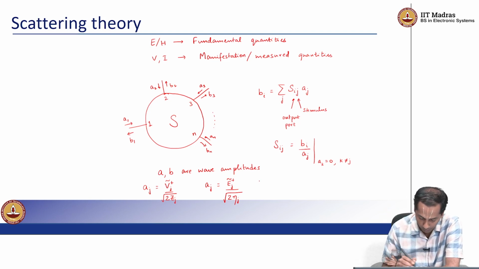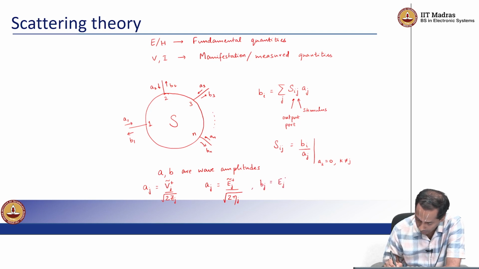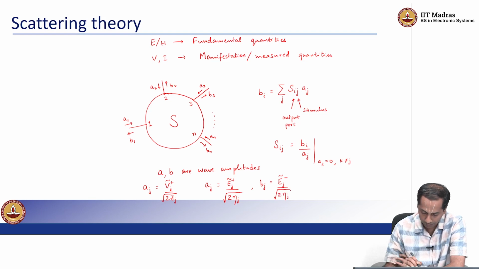And we can say similarly Bj would be the E minus, or V minus.